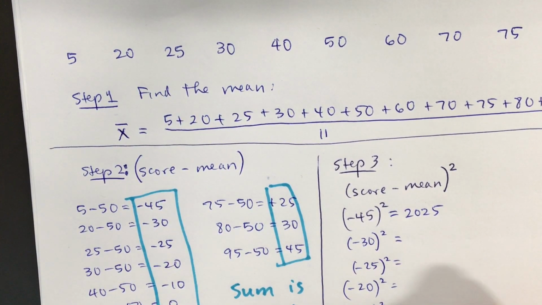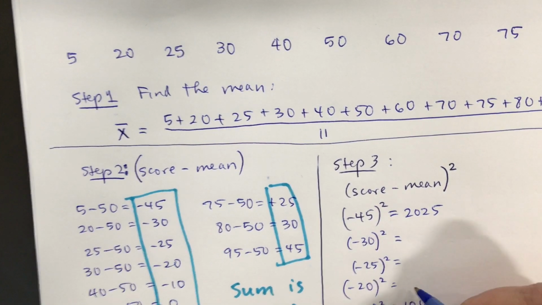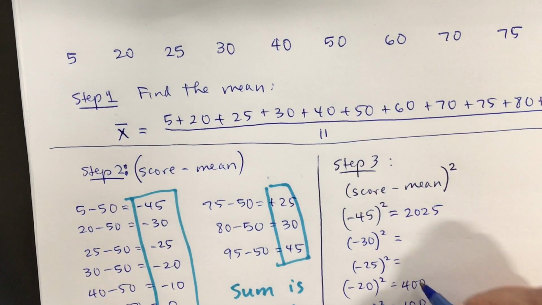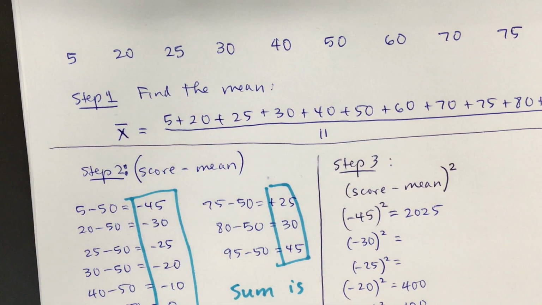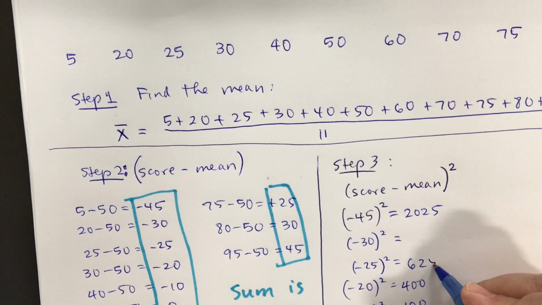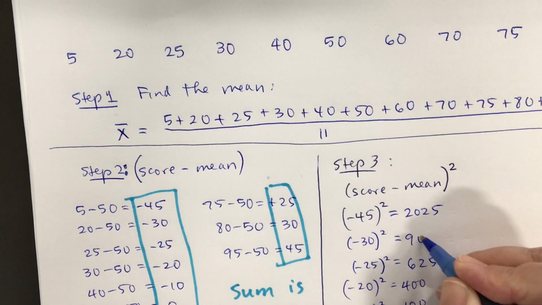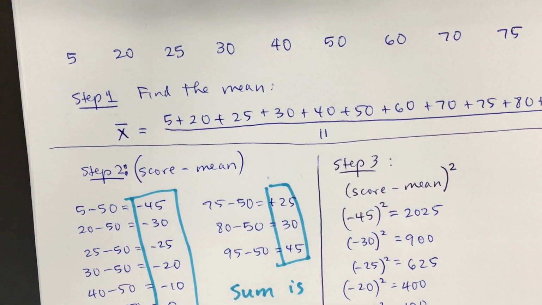0 squared. Well, that one's easy. That's 0. Negative 10 squared will be 100. Negative 20 squared is going to be the same as 20 times 20. That's 400. Negative 25 squared will be the same as positive 25 squared, 625. And negative 30 squared is negative 30 times negative 30 is 900.